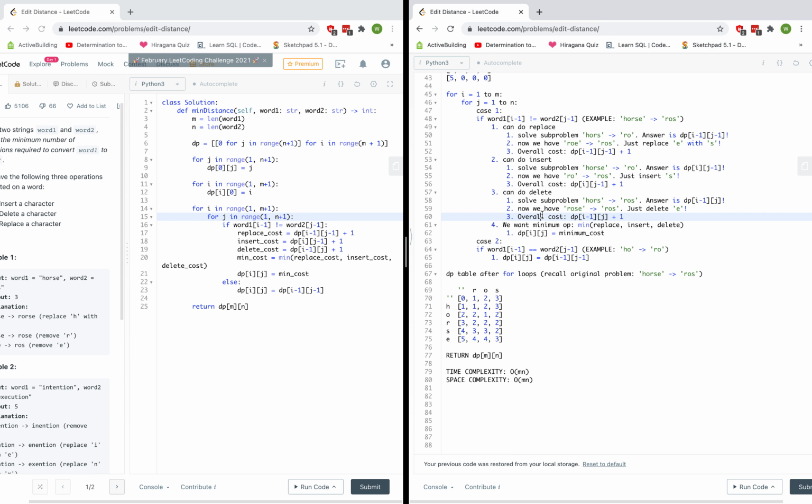The time complexity here is big O of mn because we're basically filling in a table of size mn. Space complexity, big O of mn, because again, we have a table of size mn, roughly mn, m plus 1, but roughly mn. Okay, so this is basically the solution to this problem.